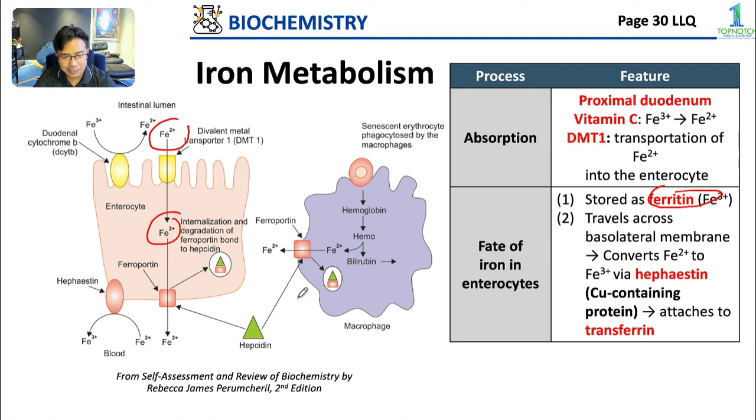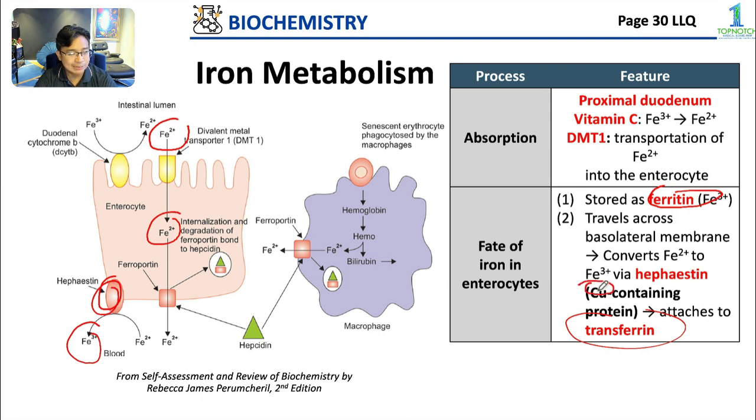But before that, para makasama siya sa ating transferrin, the Fe2+ must become first Fe3+, diba? Fe3+ kasi yung kailangan para maka-hitchhike ang ating iron sa ating transferrin. That occurs via your hephaestin. Hephaestin is a molecule containing copper.